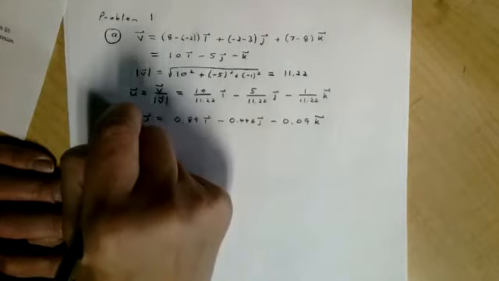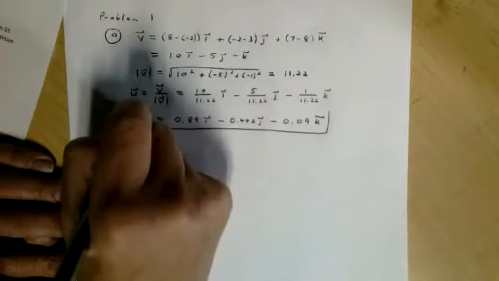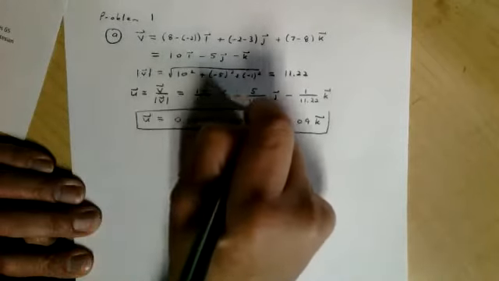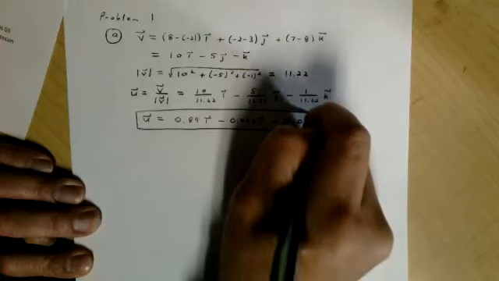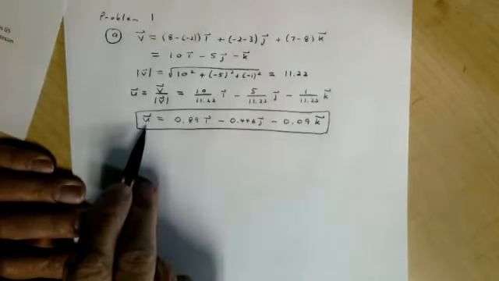That's the unit vector that passes through those 2 points, and so that's the answer to the first part of the problem.